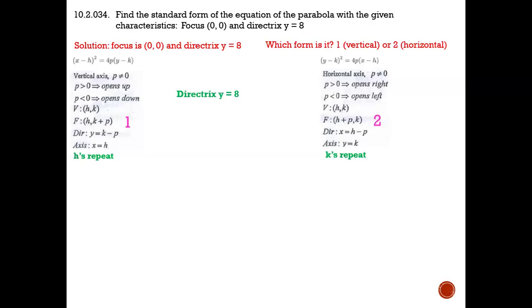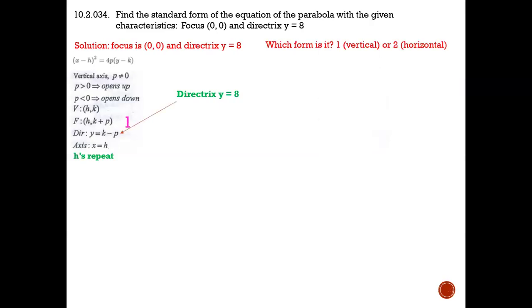When my directrix is y equals 8, this means I have a horizontal line, so we're going to use equation 1. My focus is at (0, 0), and the directrix is y equals 8.